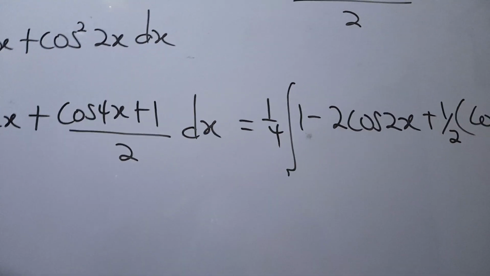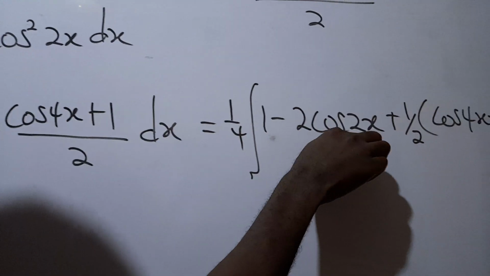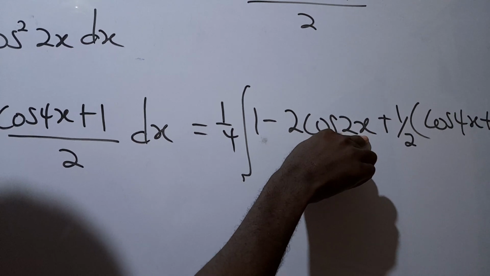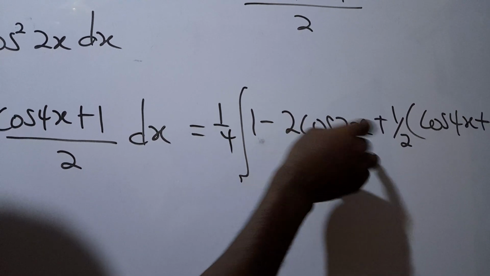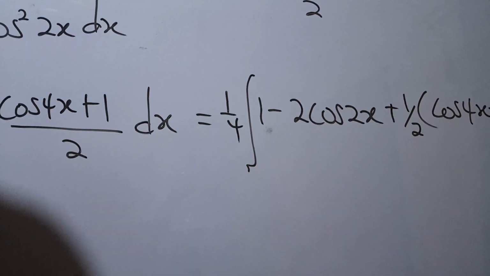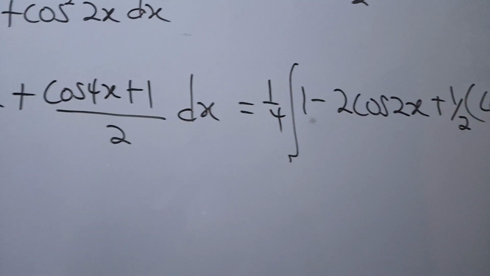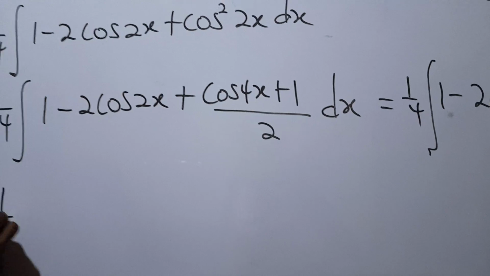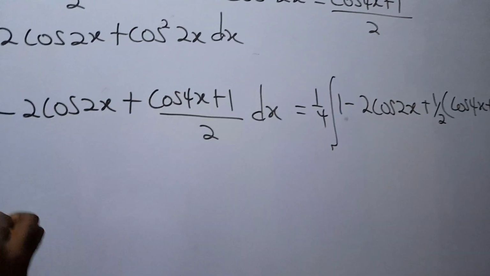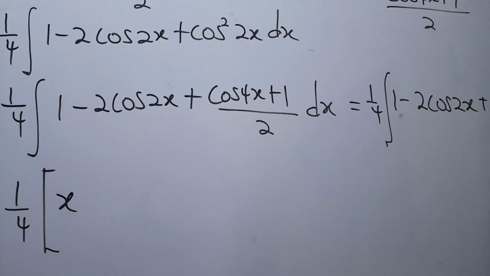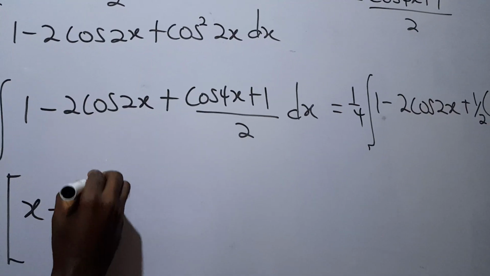Remember, integration of cos, we'll differentiate this angle here. We'll get 2. Now when we integrate cos, we'll get sine and use the differential to divide the result. So what are we having? We'll have 1/4. The integral of 1 will be x. Remember that. Then minus 2.